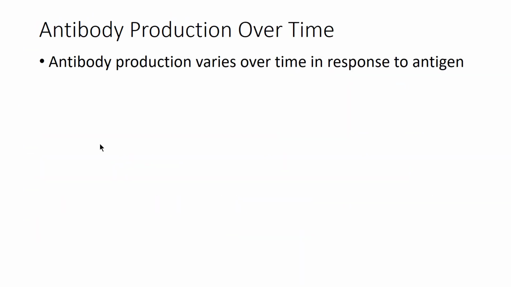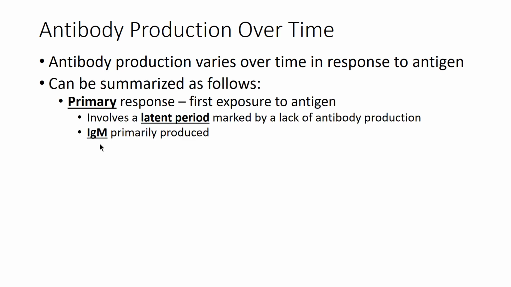Okay, a couple more things here and we'll wrap this up. Antibodies are not produced in a linear fashion. They are produced in sort of a staggered type of response. So upon first encounter with an antigen, this is called the primary response, what you have is a long delayed process involving the antigen presentation, activation of helper T cell, and then subsequent activation of the B cell, division or differentiation into a plasma B cell, and then the secretion of the antibodies.